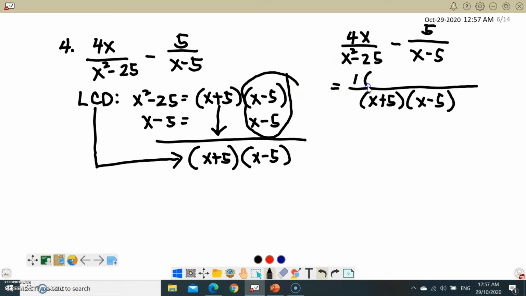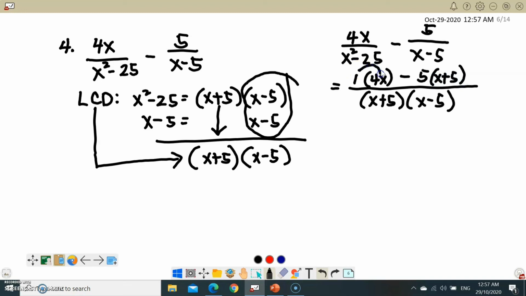So 1 multiplied by 4x minus x plus 5 multiplied by x minus 5 divided by x minus 5 is equal to x plus 5 times 5. So we have here 5 multiplied by x plus 5.